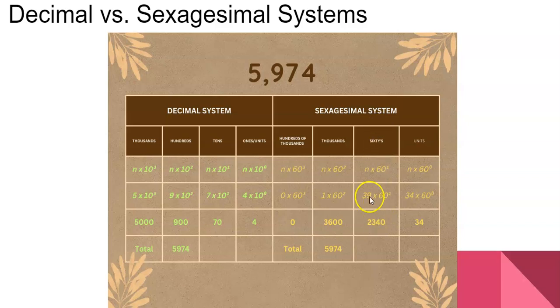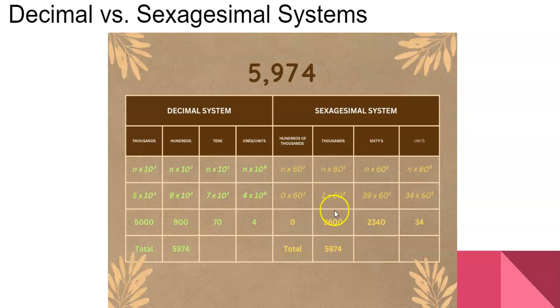Then in the 60s place, the factor is 60 raised to exponent 1. For the number 5,974, the digit in the 60s place is 39. 39 times 60, we have 2,340.